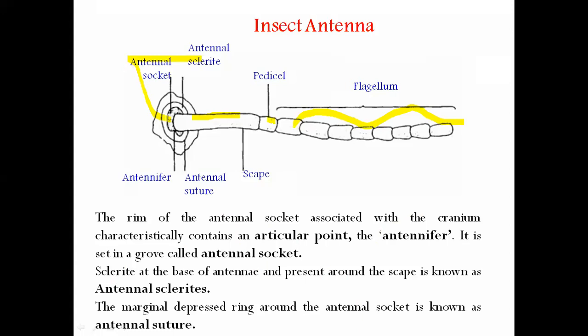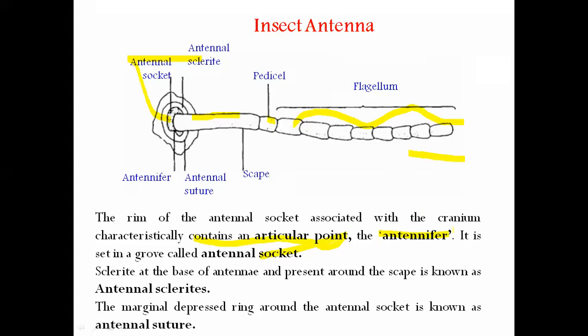We can say the antenna characteristically contains one articular point, known as the antennifer. And it is articulated inside the groove, where on the head region there is the antennal socket.